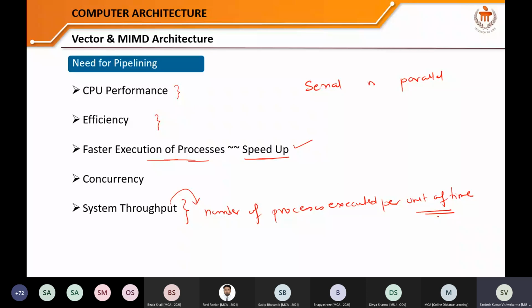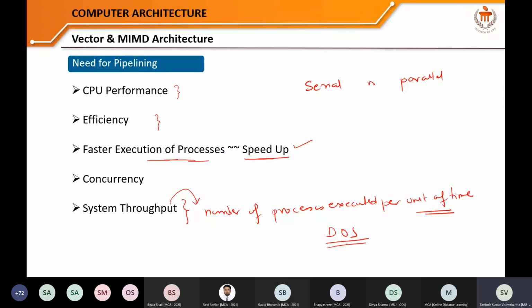So obviously, as far as the process size is concerned, we require a higher throughput, right? We don't want that in a single unit of time a single process is running and others are waiting. Those days have gone. Those days belonged to the disk operating system. We don't want throughput equal to a single process at a time. So we want a larger number of processes.